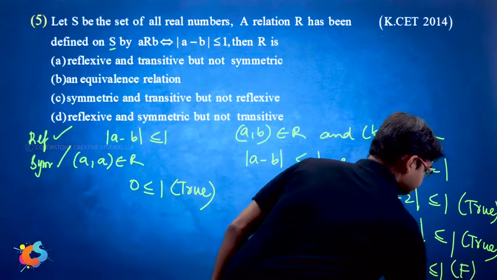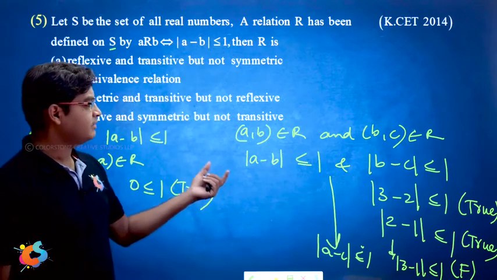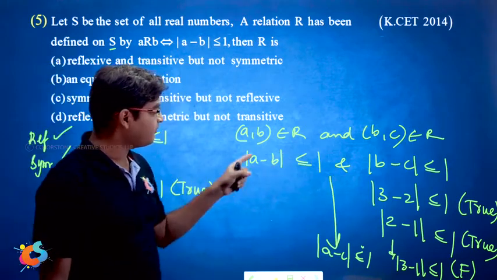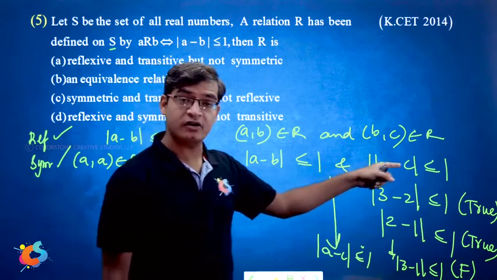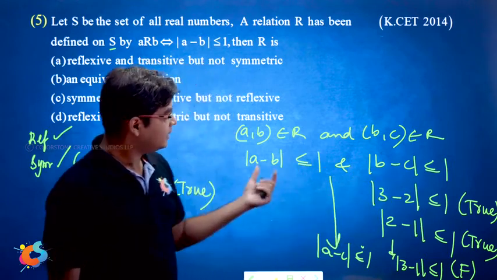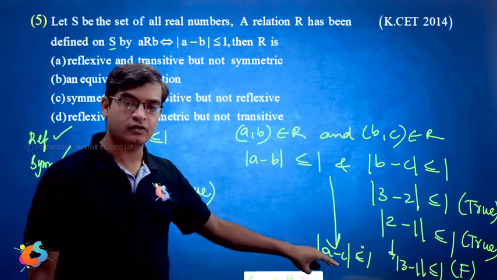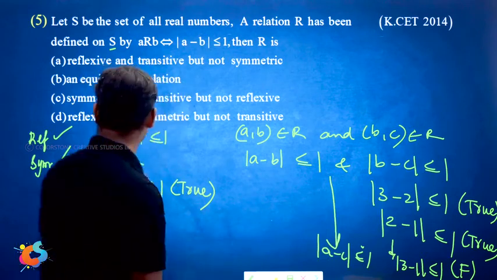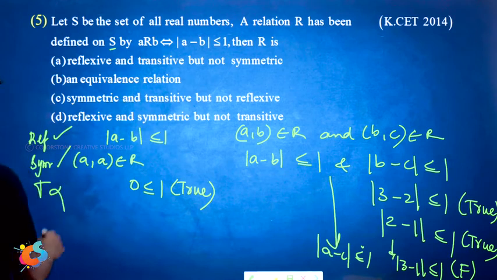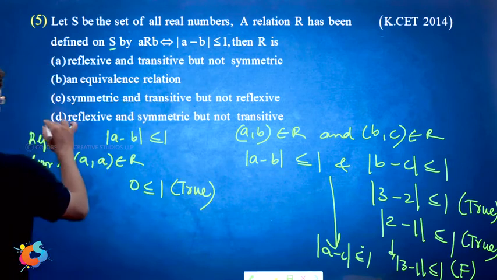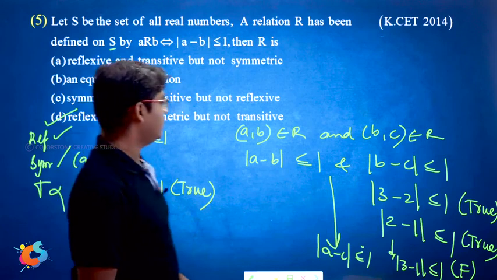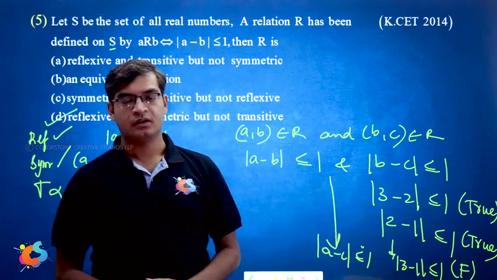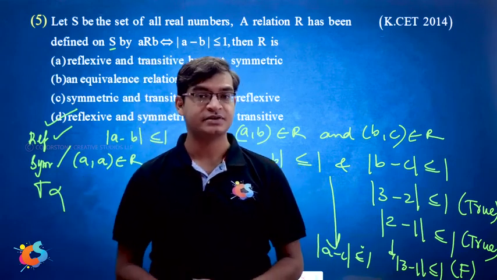So there will be some cases where all three hold, but we cannot generalize it. Therefore, this will not be transitive. So reflexive, symmetric but not transitive is option D. This is how we have done some CET questions.